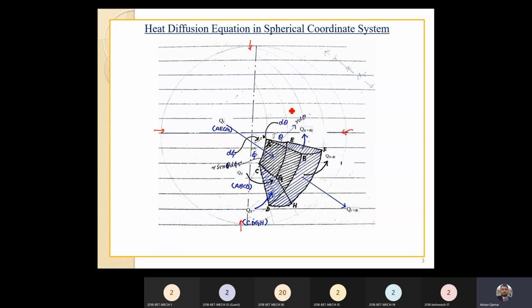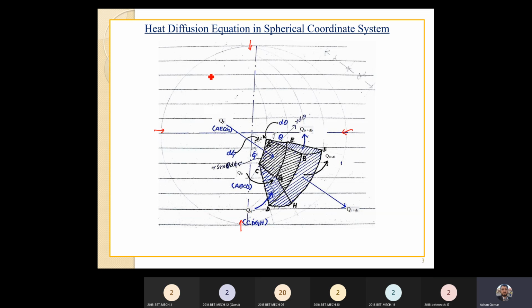So we need to formulate a correlation to find the temperature distribution in this spherical coordinate system. As we have done in our previous cases, we took a small part or component of a Cartesian coordinate system or a cylindrical coordinate system.